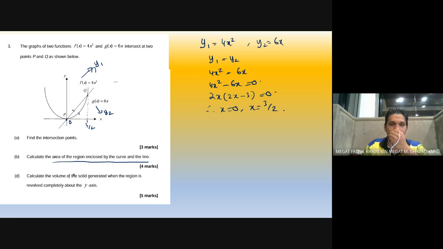From these two, which function is above the other one in this area? Yes, this straight line 6x is above the curve.